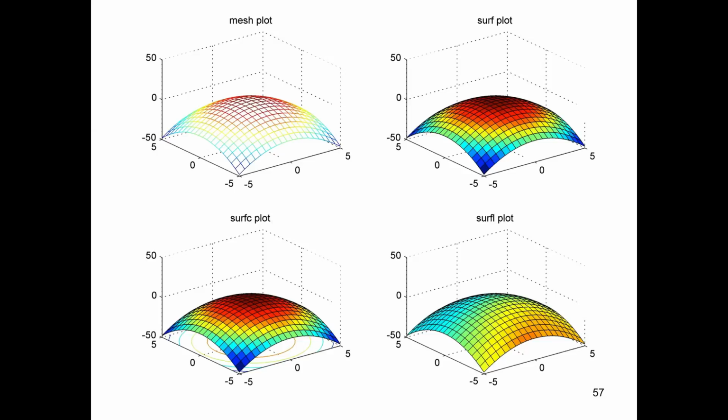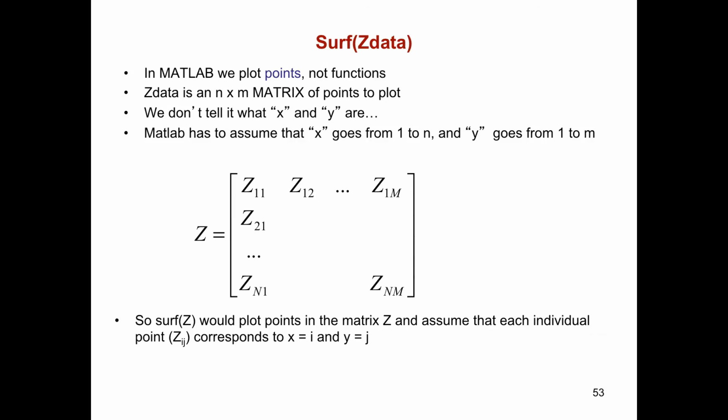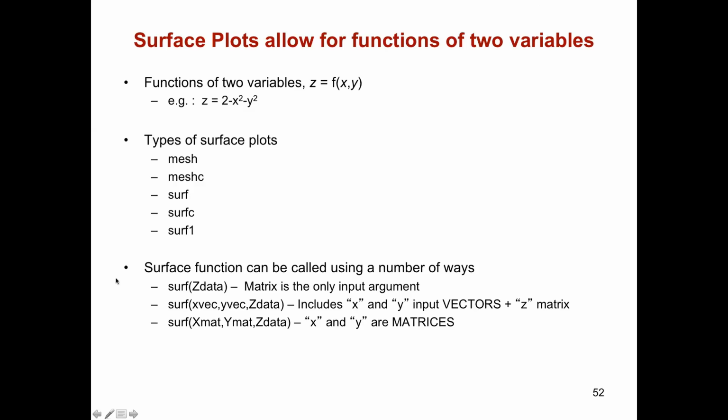This is the surf plot that we just did. Surfc is also going to get contours of the data underneath. And surfl plot is going to do this. Okay? Not sure what the difference is. You could also use it in a number of ways.